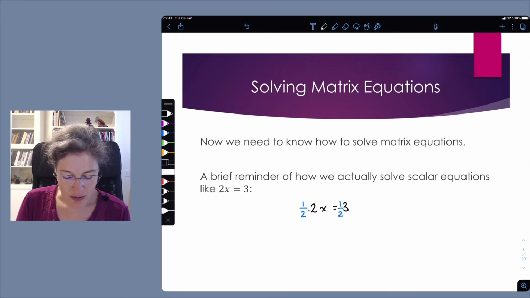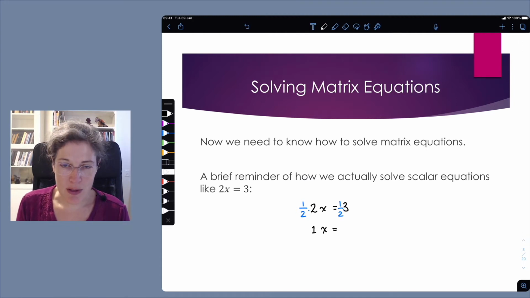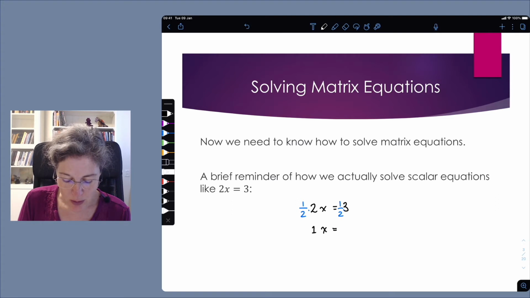On your left-hand side, you get a half times 2, which is just 1, so that gives you 1x. And on the right-hand side, you get a half times 3, which is 3 divided by 2, which is why one always thinks of it as just dividing through by 2. So you end up with x is equal to 3 over 2.